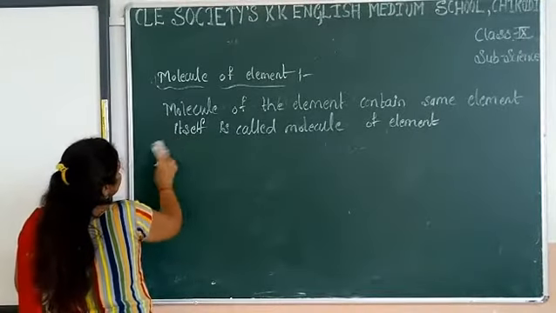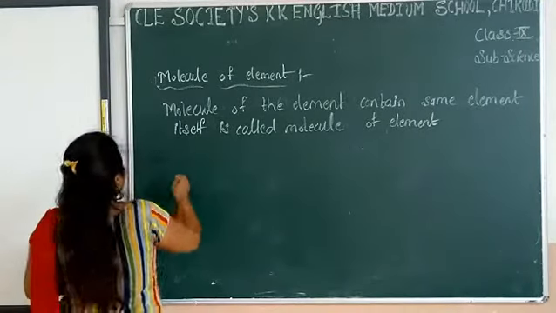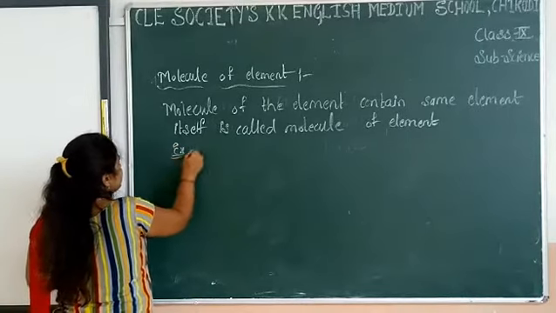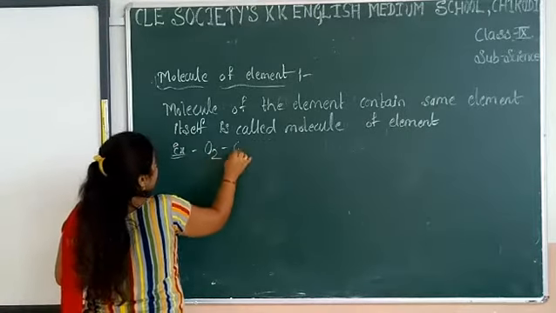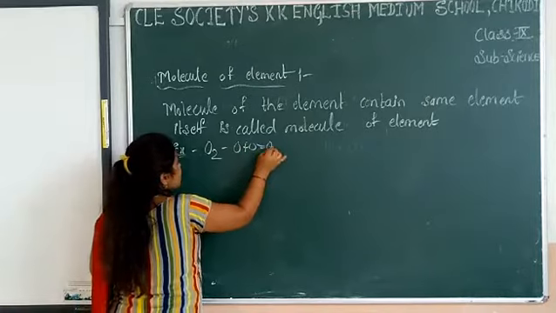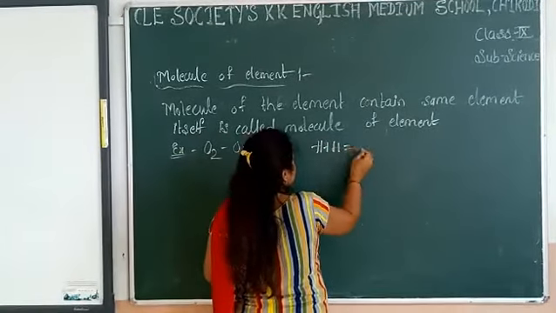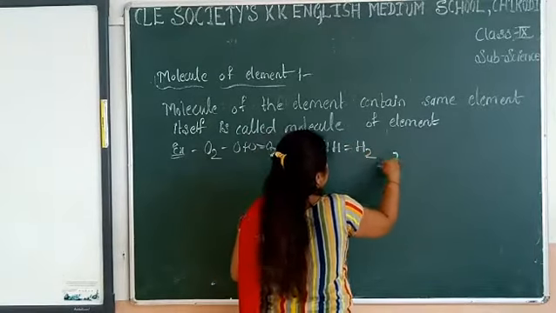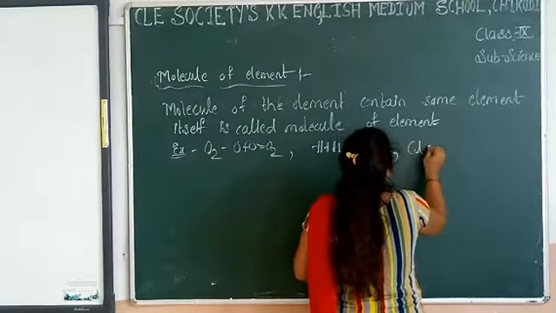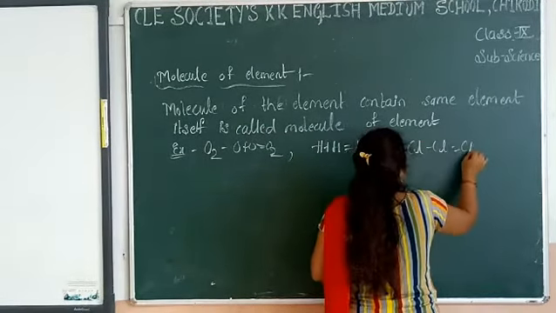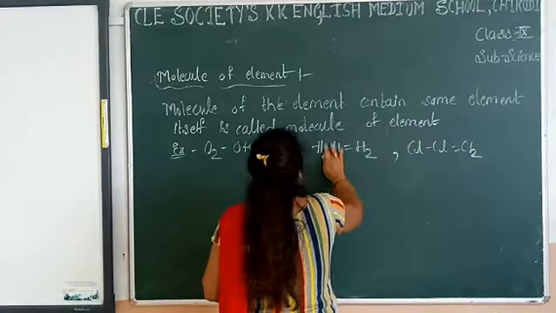For the molecule of the elements, take the example of oxygen: O plus O is O2. Hydrogen plus hydrogen gives H2. Chlorine plus chlorine is Cl2.